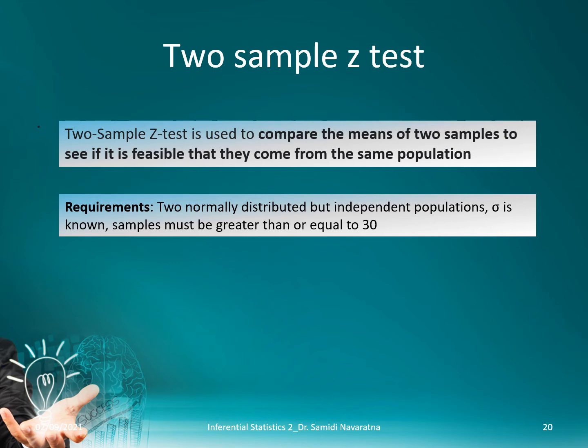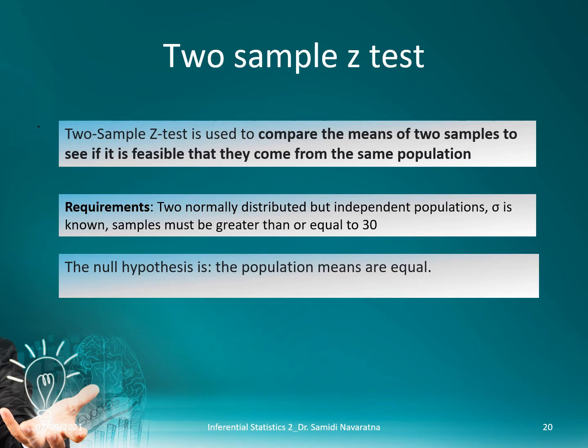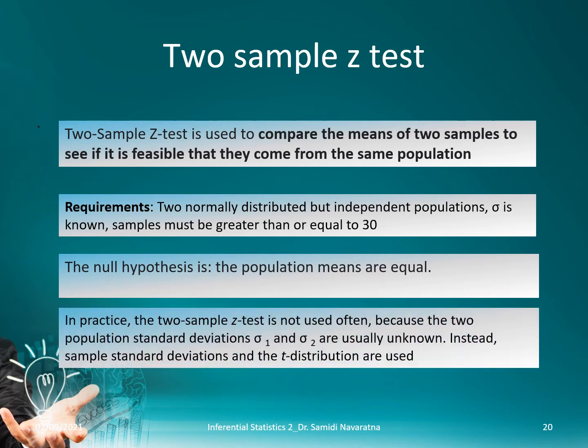Rho, that is the variance, is known. The variance should be known, and the samples must be greater than or equal to 30, as for the one sample Z test. Then the null hypothesis is that the population means are equal.